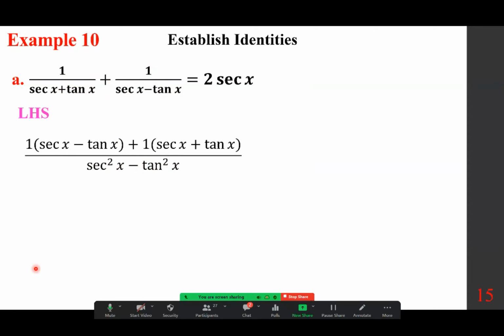And again, if you want, I write it here. This piece, everybody, is secant x plus tan x times secant x minus tan x. When you multiply the two, you get secant squared minus tan squared. Now, let's simplify the numerator.